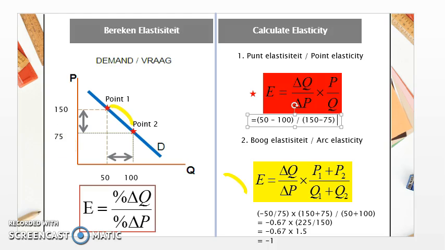We then multiply this by the specific point on the curve that we want the elasticity of. In that case the price is 150, divided by the quantity, which is 50.